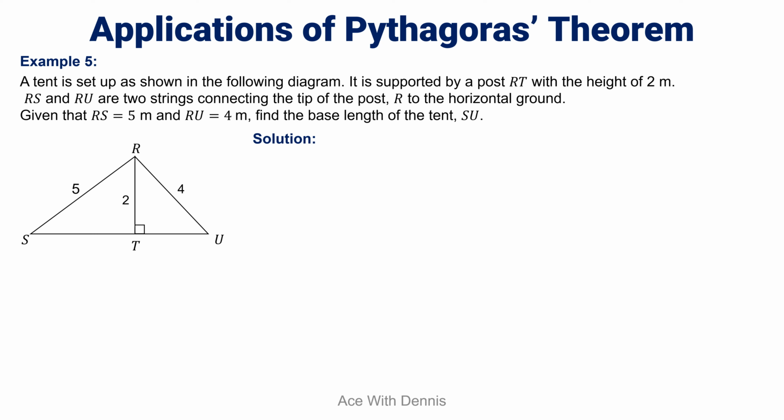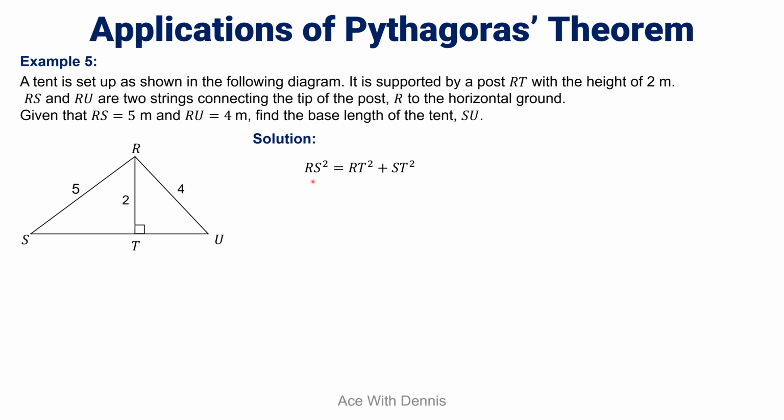So here's the solution. From this diagram, we can see that it is made out of two right angle triangles. The first one is the triangle RST and the second triangle is RTU. So we want to find the length of SU. First we need to look at the first triangle RST. From this triangle, we can apply the Pythagoras theorem where RS is the hypotenuse.